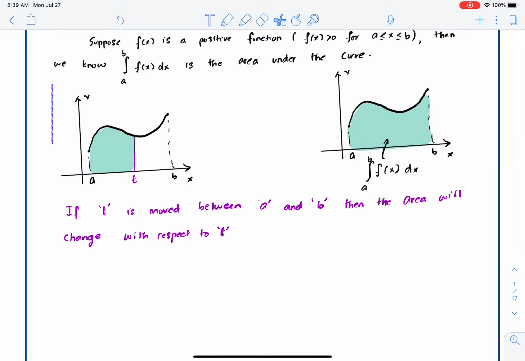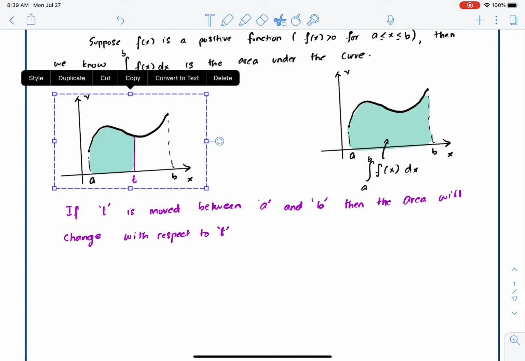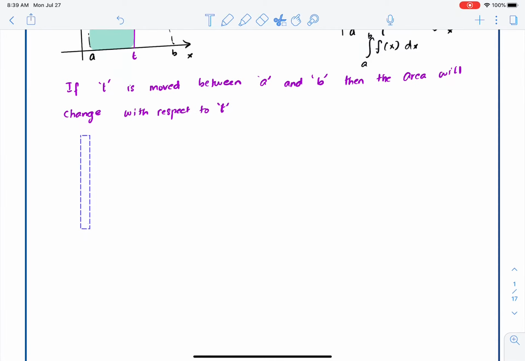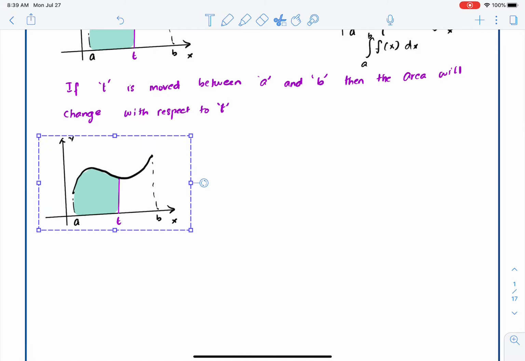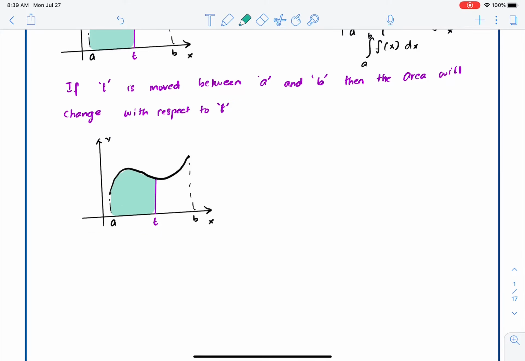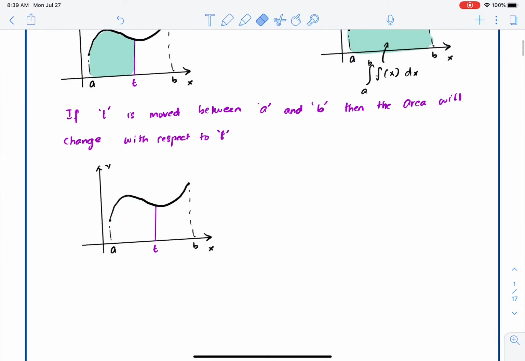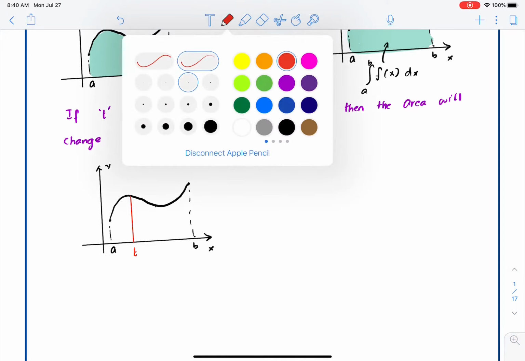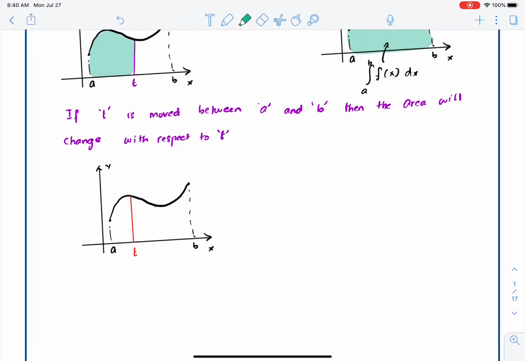And if I move that t a bit, and let's say I drew it over here, then the area under the curve would be that.